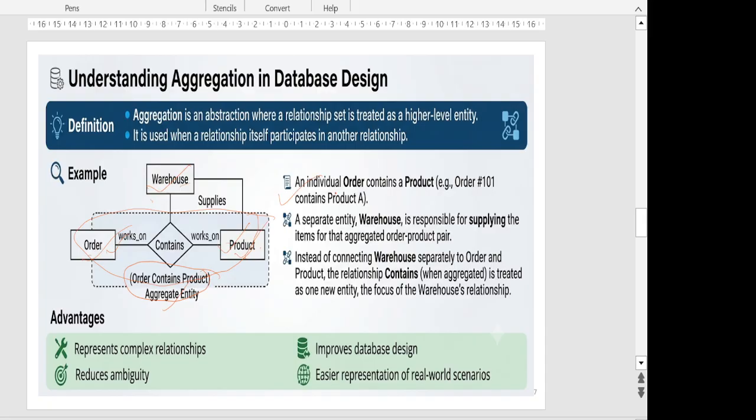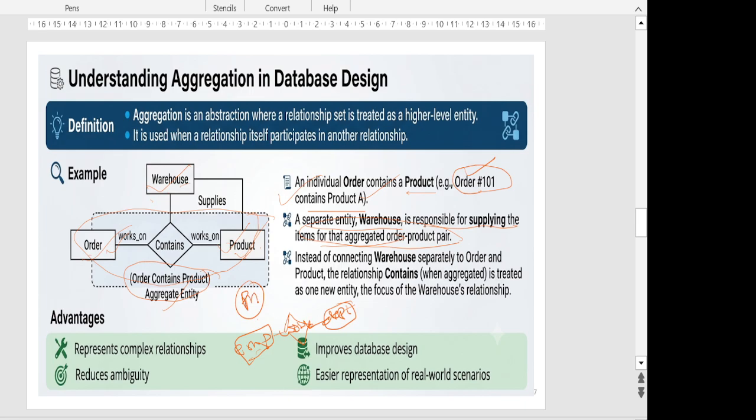You can see an individual order contains the product, like 101 is a product number, containing product A. The order is there and the product is there. A separate entity, warehouse, is represented as the supplied item that is aggregated to the order-product pair. Very simple. For example, take a person, employee, works in department, right.